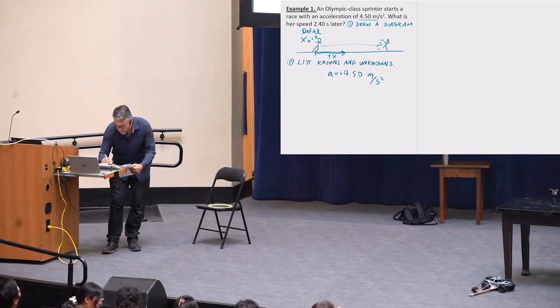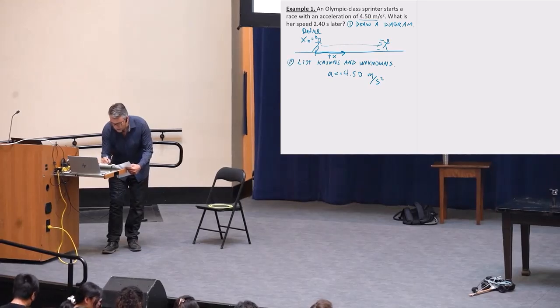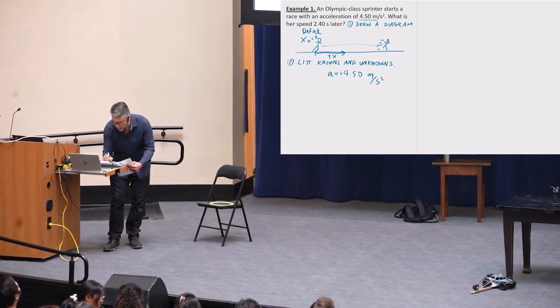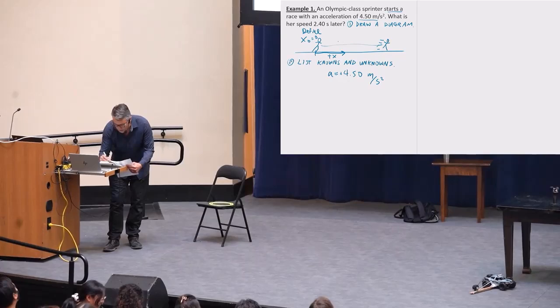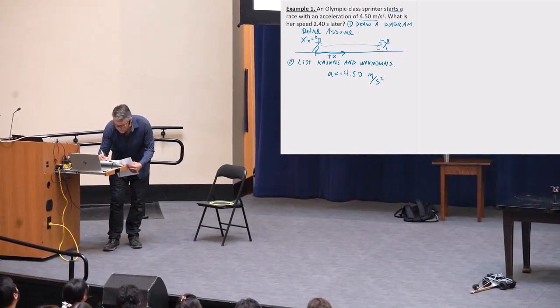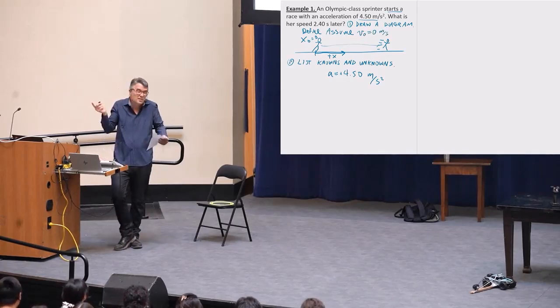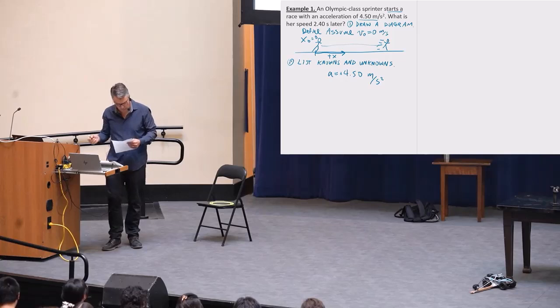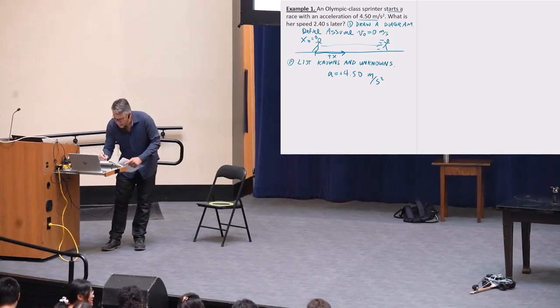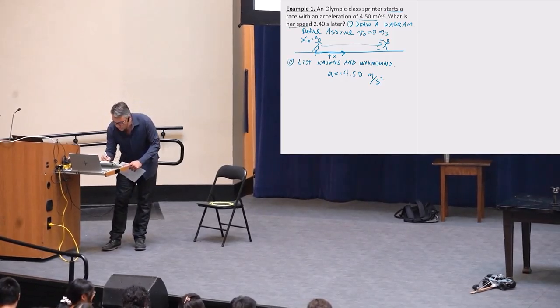He goes over here, and then he's running faster, I think, right? And then I guess it actually doesn't say what v0 is, but I think it starts. So what I'm going to do is assume, even though it doesn't really say this, that v0 equals 0. That it starts a race, so maybe this is going to be important. And then it says, what is her speed 2.4 seconds later?